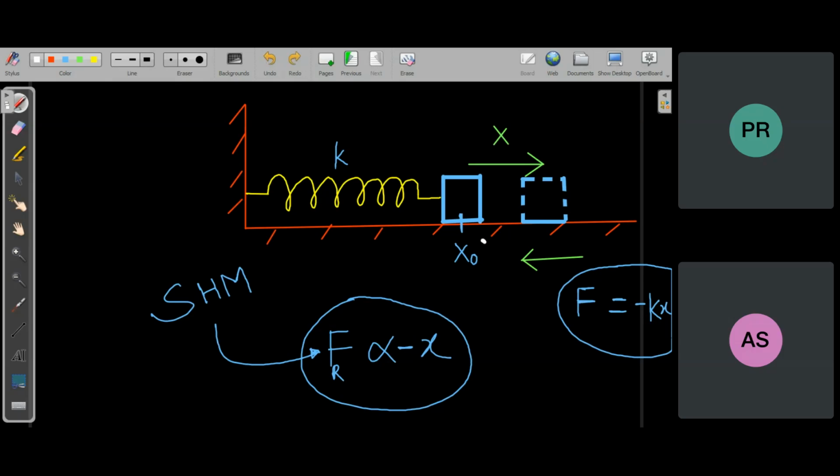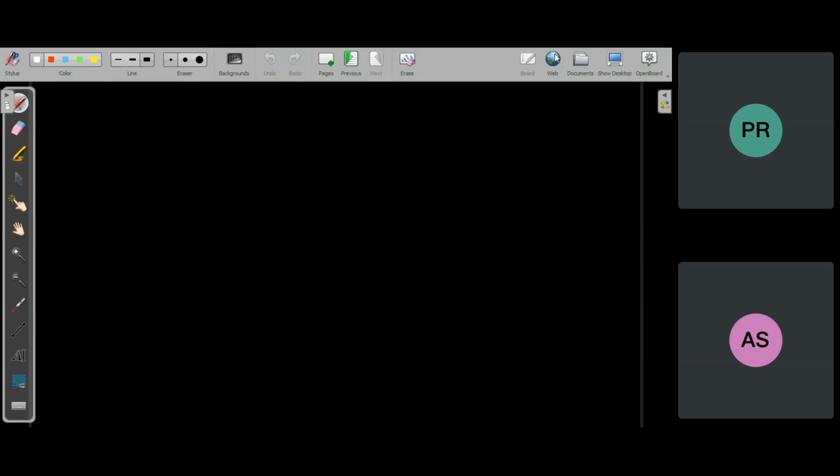You can see here that the origin is not the mean position, x naught is the mean position. Are you getting it? Yes, sir, I'm getting it. So the most important thing to understand is that it is always the displacement from the mean position. Here students make a lot of mistakes.